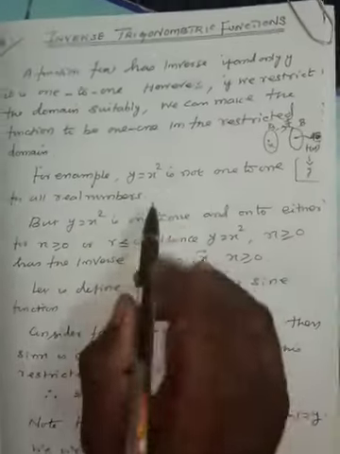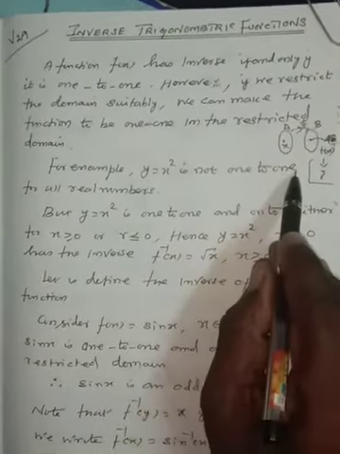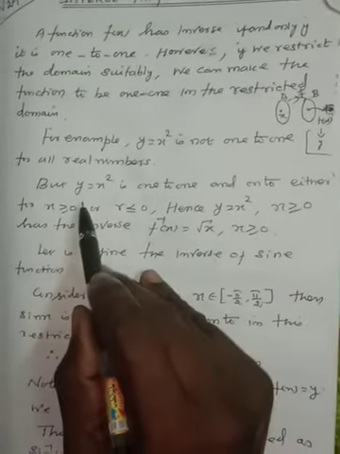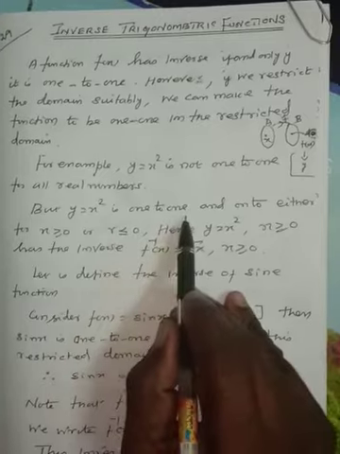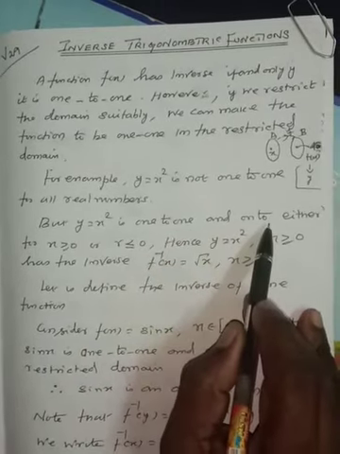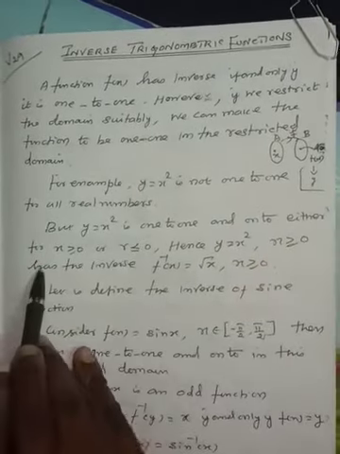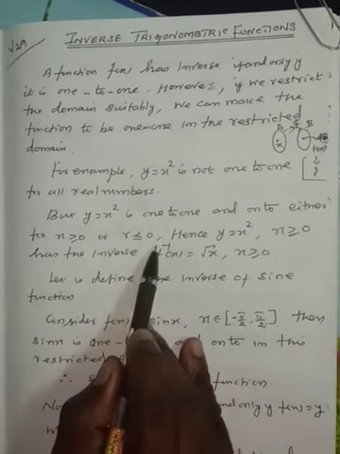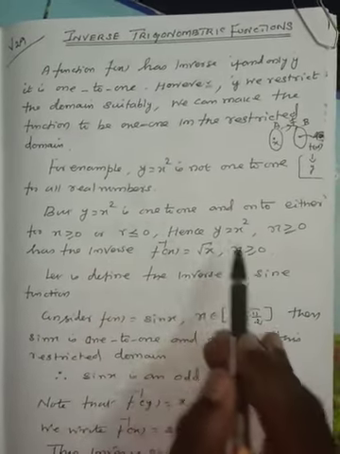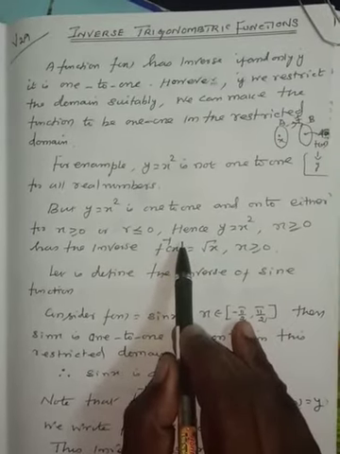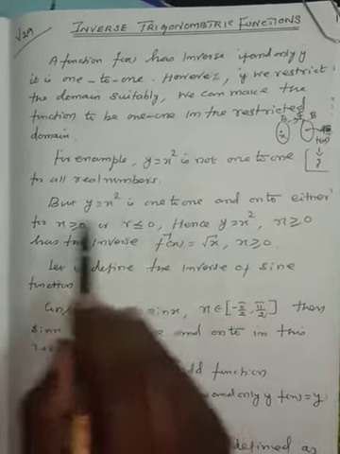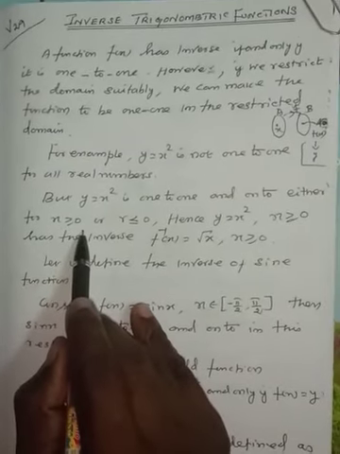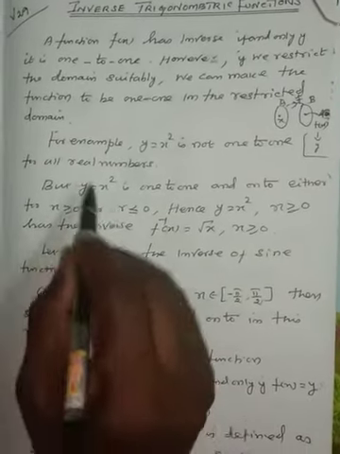For example, y is equal to x square is not one-to-one for all real numbers, but y is equal to x square is one-to-one and onto either for x greater than or equal to 0 or x less than or equal to 0.